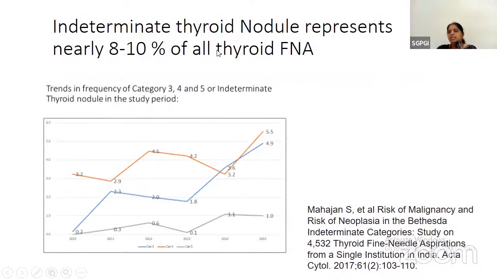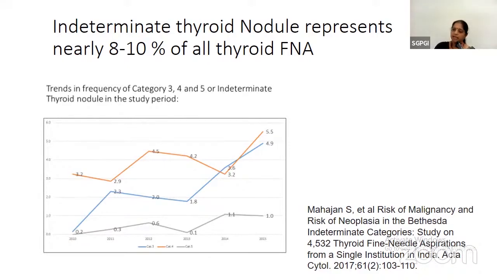And when we look at the indeterminate thyroid nodule, it represents categories 3, 4, and 5 together. So in our study, there was a time trend. Over time, we saw a slight increase in the number of these indeterminate thyroid nodules, but generally it's around 8 to 10% of all thyroid FNA.